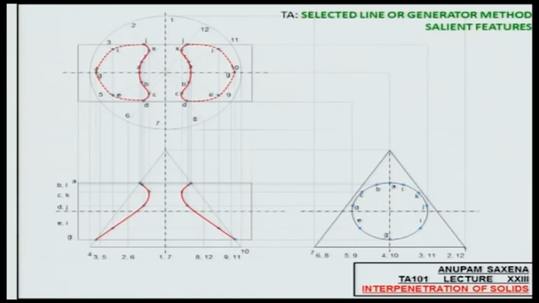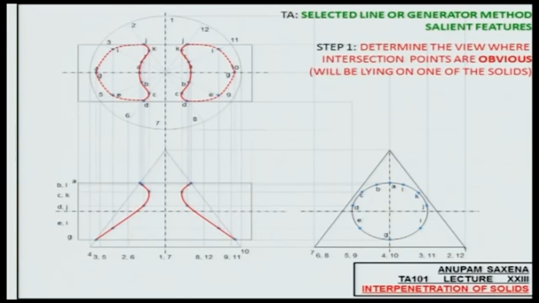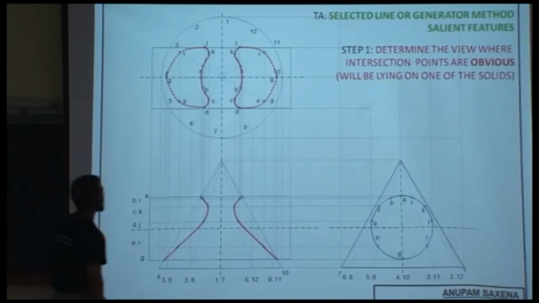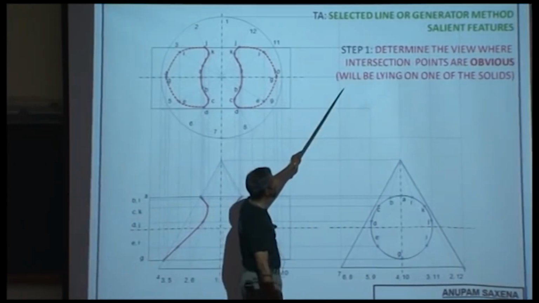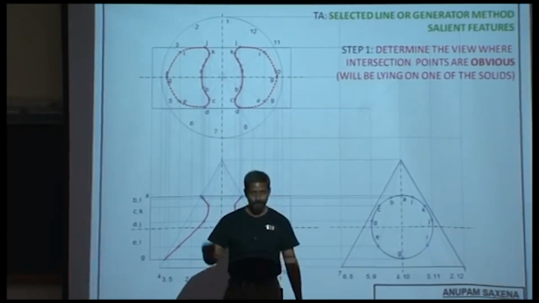Important points or salient features. Step 1, that's something which is critical. You have to figure out the view where the intersection points are obvious. The way to figure that out is to see if the intersection points are going to be lying on one of the solids.